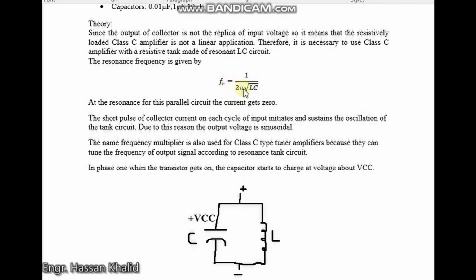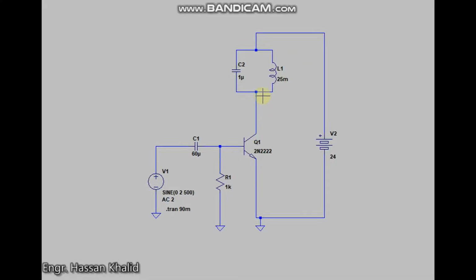So if the tank generates 1000 hertz, and the input is half of that tank frequency, that is 500 hertz, the output voltage will have double the frequency of the input. That means the frequency of the input signal has been multiplied, and it is equal to the resonant frequency.